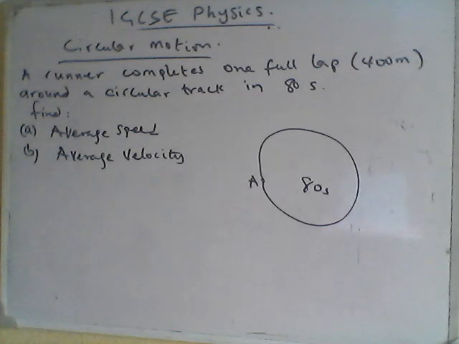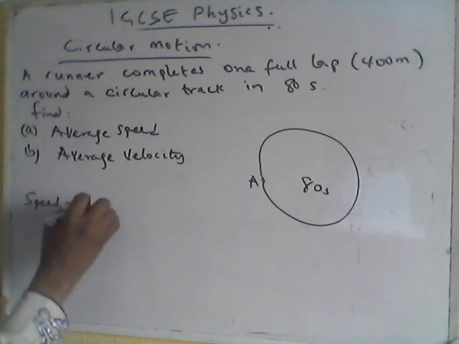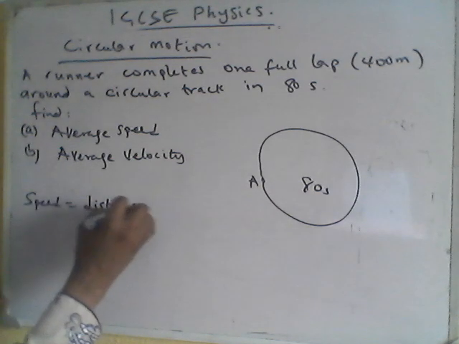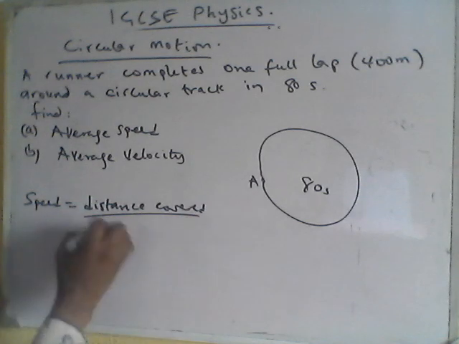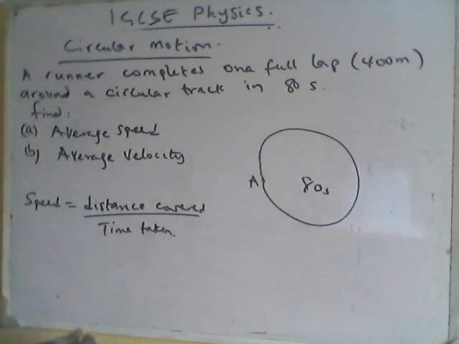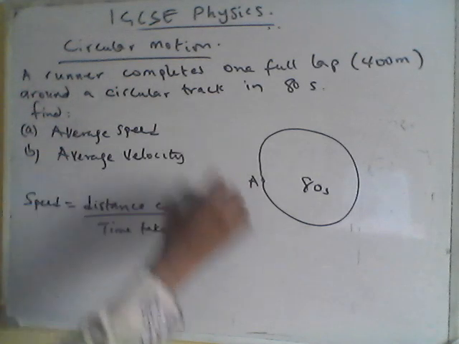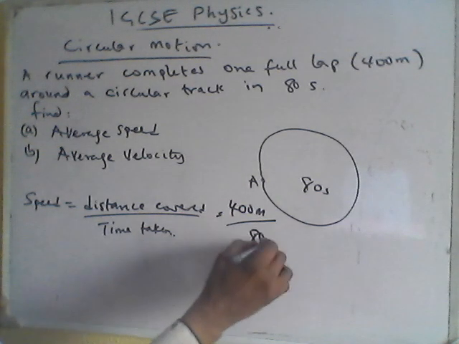So find the average speed. The average speed is distance covered over time taken, right? We're told that one full lap is 400 meters and time is 80 seconds.